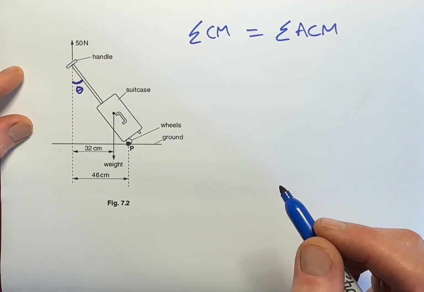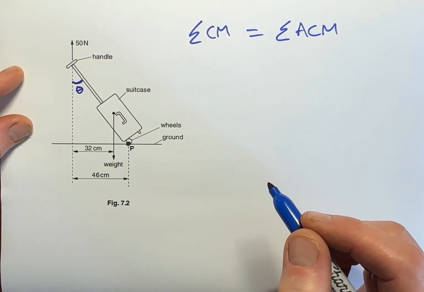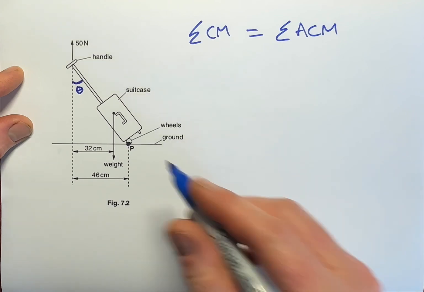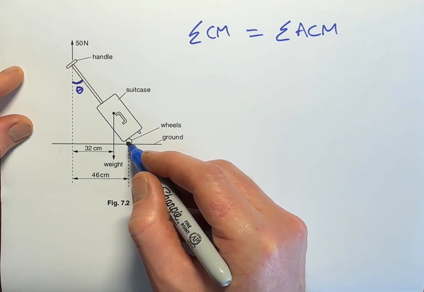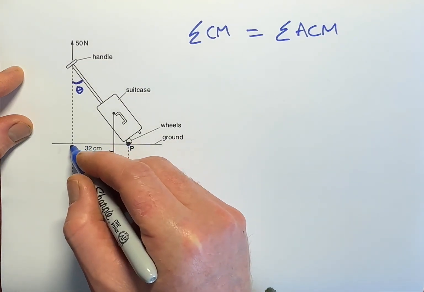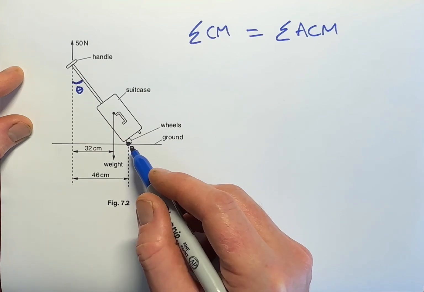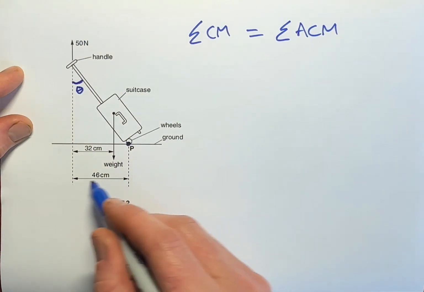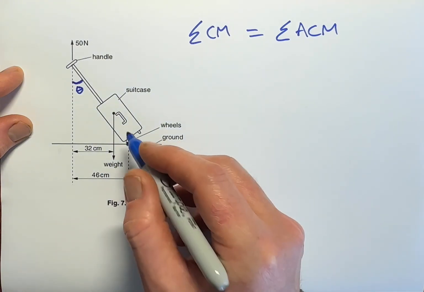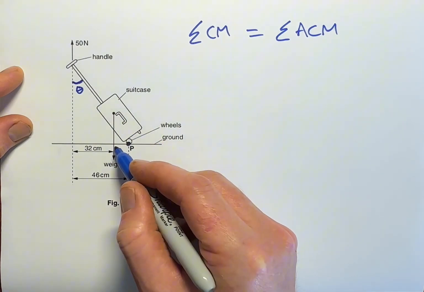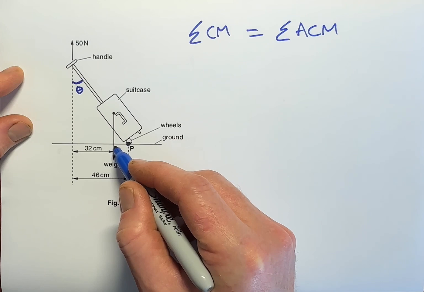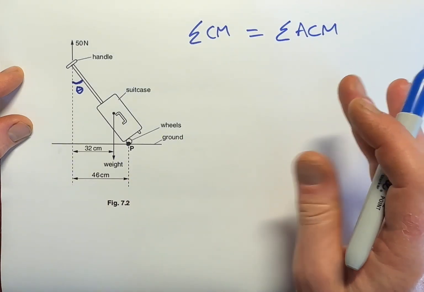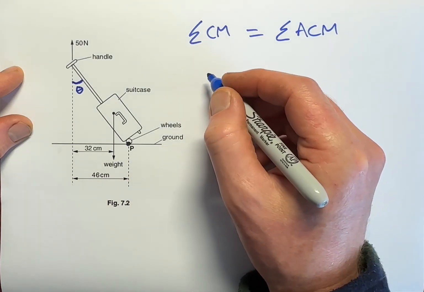But you don't actually have to do that, because the moment is defined as the force multiplied by the perpendicular distance. We know the perpendicular distance from the pivot point to this force. It's 46 centimeters. We know the perpendicular distance from the pivot to this weight force. So we don't need to do any resolving forces here. It's a nice simple problem.